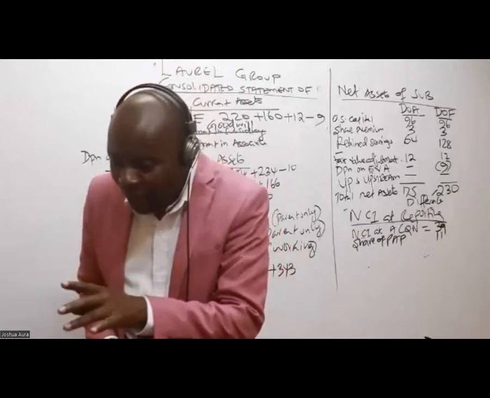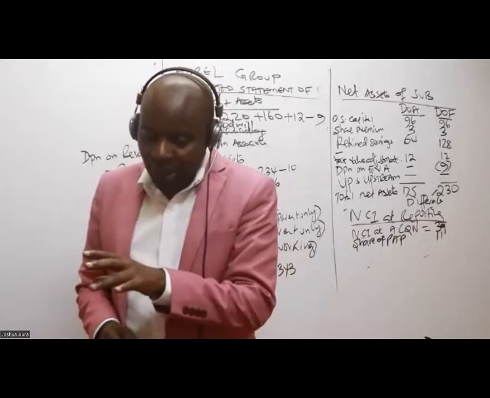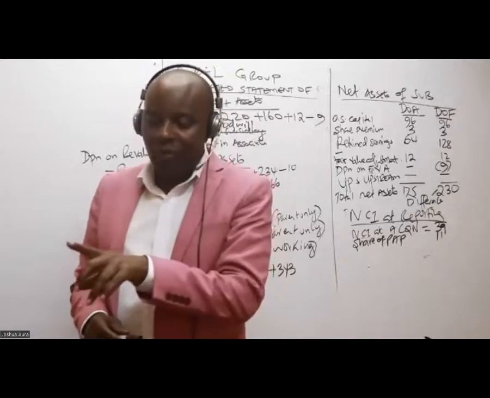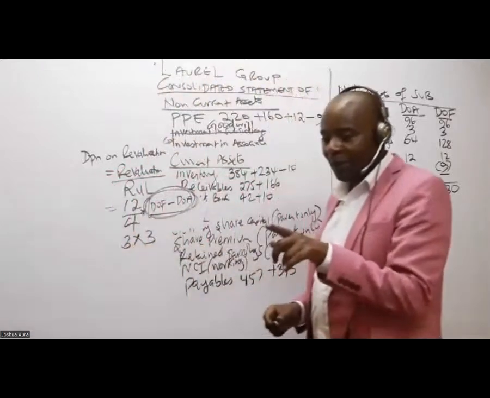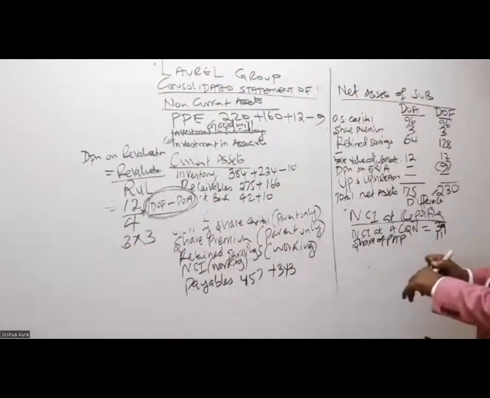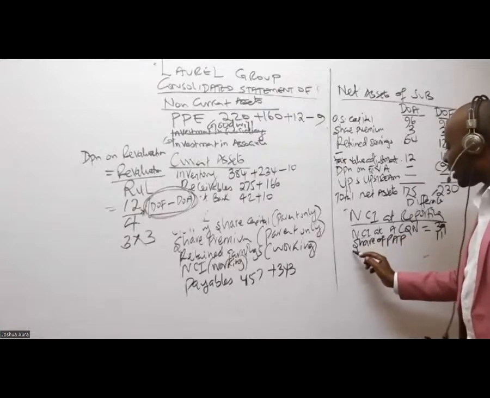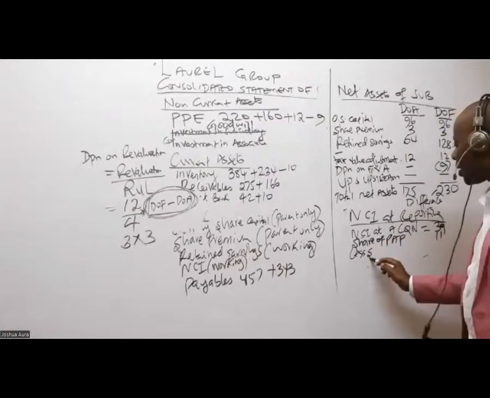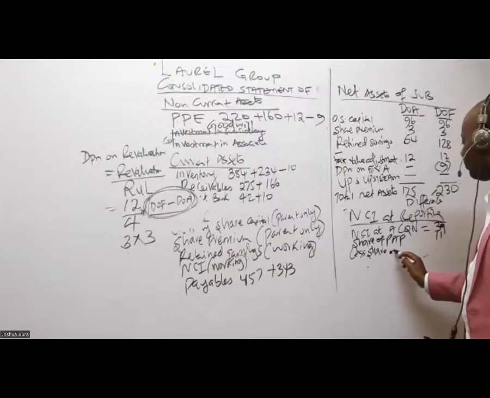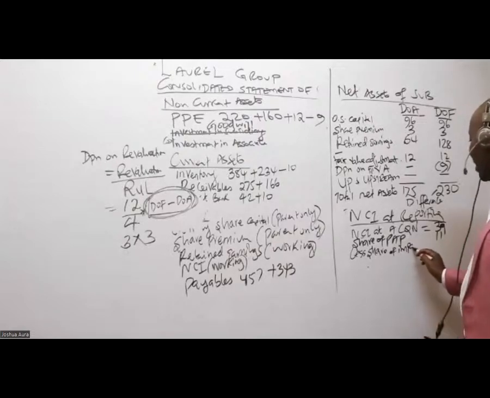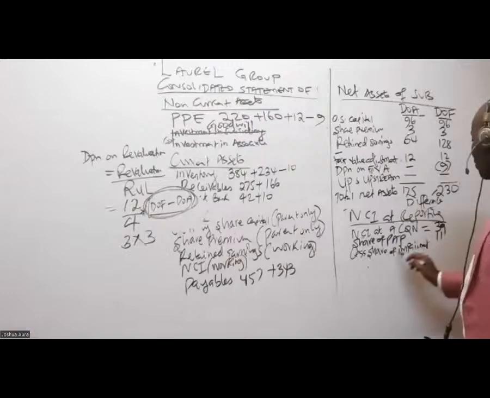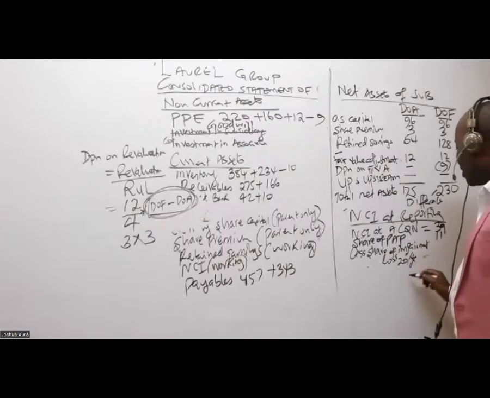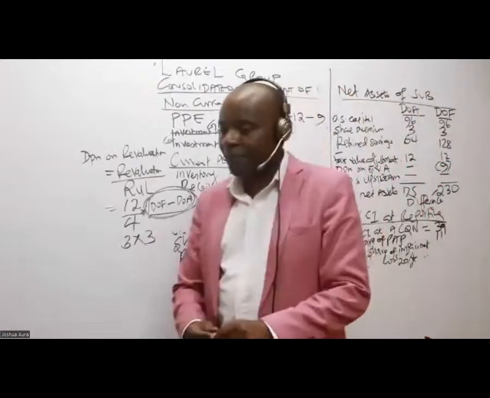You must be a very bright student. So here we come under less share of impairment loss. Remember, these guys' percentage is 20%. Unfortunately, we are given the impairment loss.